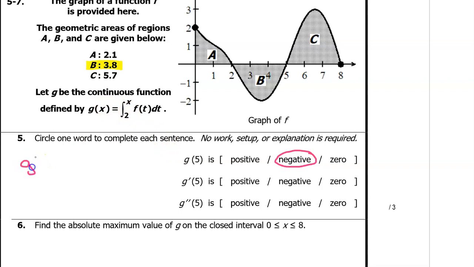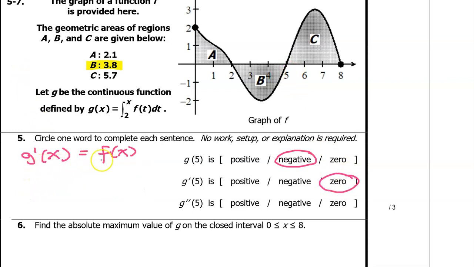So just remember that g prime will equal f of x. So g prime at 5 will just equal f at 5. This is the graph of f. So the value of f at 5 is 0.